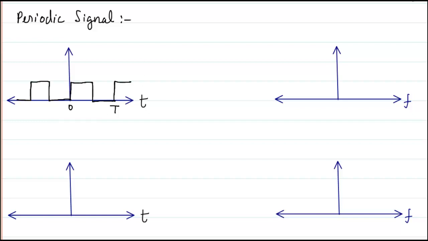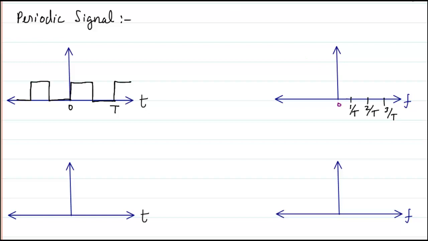In this case, basically we will get frequencies which are harmonics of 1 by T. So suppose if this is 0, you will get frequencies at 1 by T, 2 by T, 3 by T, like that for different harmonics of 1 by T, or multiples of 1 by T.